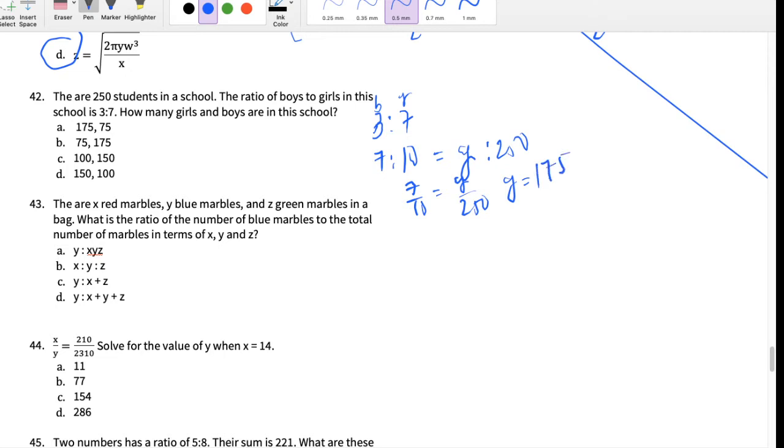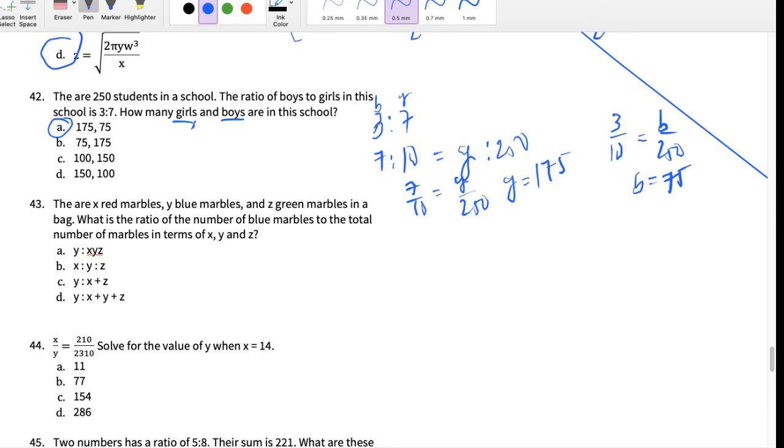Okay, you can subtract this from 250 or pwede mo rin gawin to using yung ratio ng boys to total number of students, or 3 over 10 is equal to boys over 250. B here should be equal to 75. Yeah, 75. Tama kasi 175 plus 75 is 250. So the final answer here is letter A. Kasi ang tinatanong girls and boys. Okay, so mauna yung value ng girls. Okay, number 43.